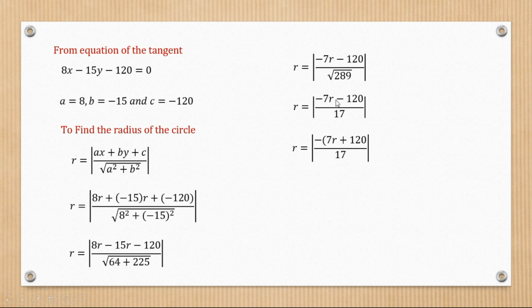I can pull out a -1, which is meaningless in this case, so it is cancelled. I remain with 7r plus 120 over 17. Cross multiplying, 17r is equal to 7r plus 120, so 10r equals 120, and r shall be equal to 12 units. Now that I know the value of r, I know the coordinates of the center.